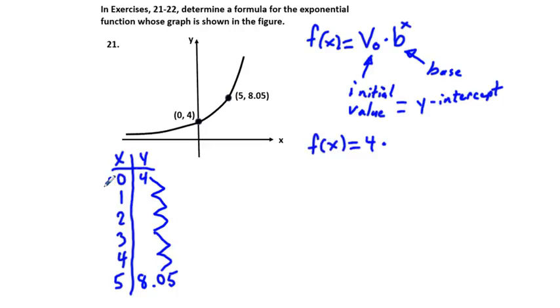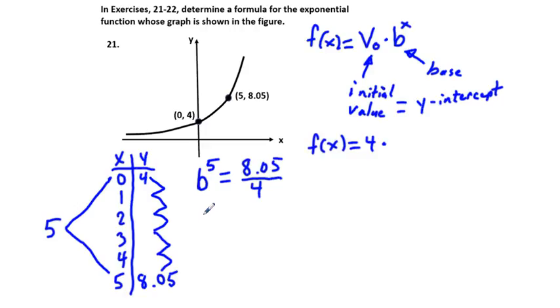And so how many times is this base going to be multiplied by itself to get from 4 to 8.05? Well, the answer is 5 times. So what we can say is that b times itself 5 times, or to the power of 5, is going to be equal to our ratio, our final value, which is 8.05, over our initial value, which is 4.